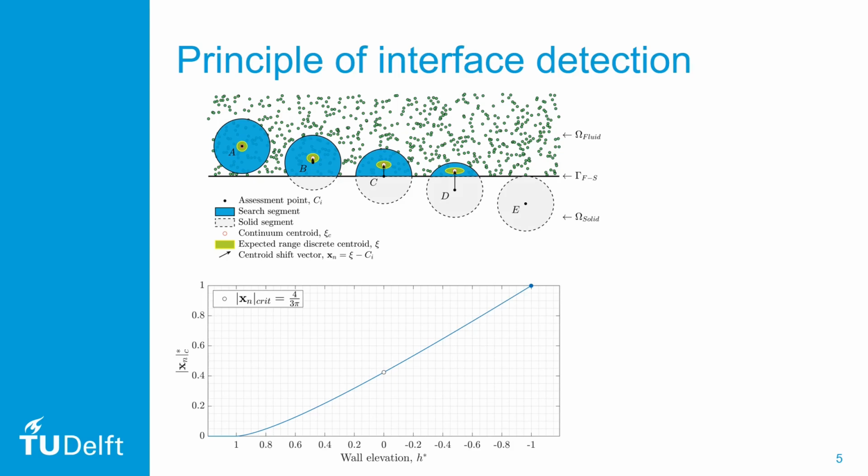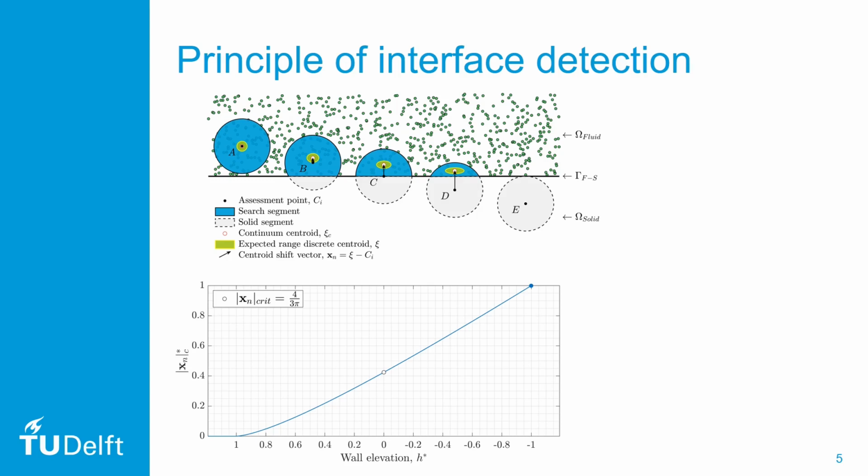As such, situation C, where we are coinciding with the assessment point and the fluid-solid interface, can be associated with interface detection. The vector magnitude we expect to see if we assume the fluid phase is continuously seeded is 4/3π, which can be derived and is done in the paper. So we can associate this value with interface detection.